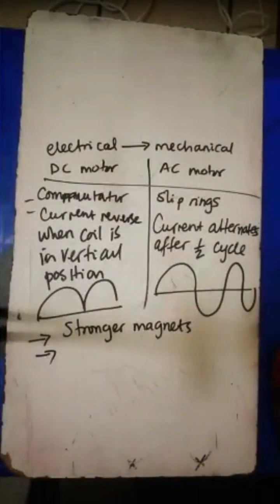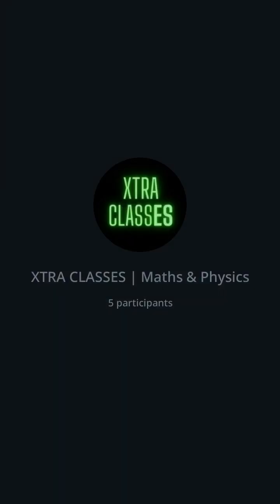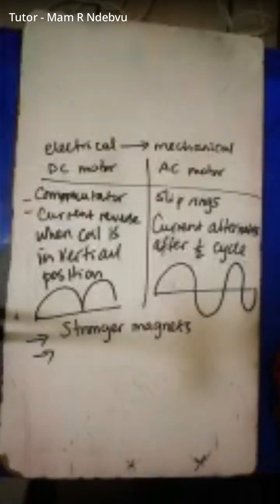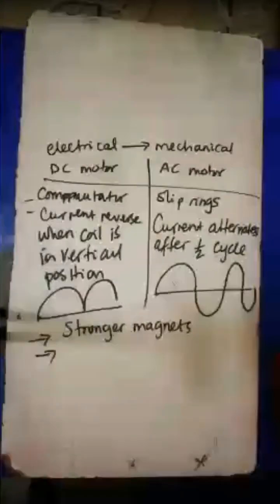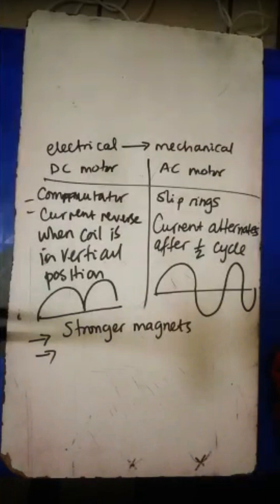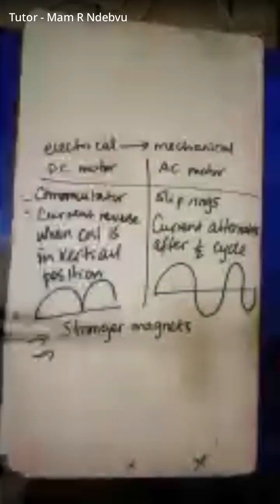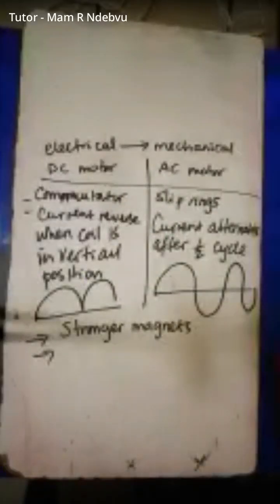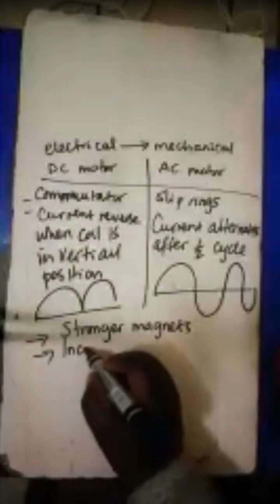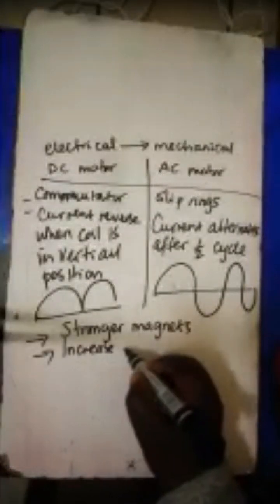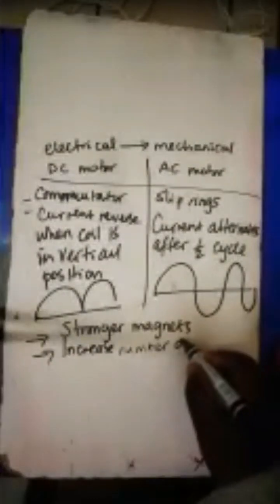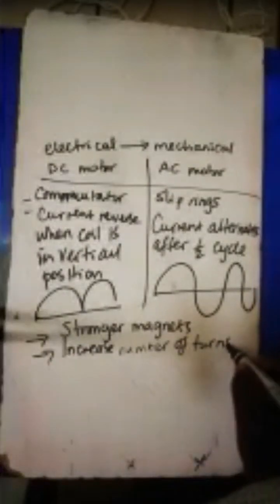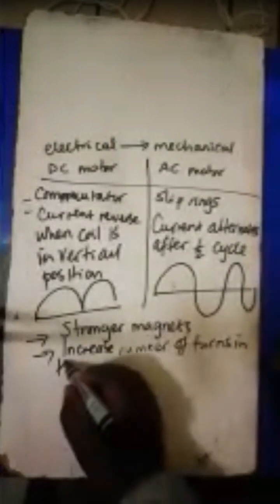What else can we do, colleagues, besides using stronger magnets? What else can you do to improve the efficiency of a motor? You can increase the number of turns in the coil.